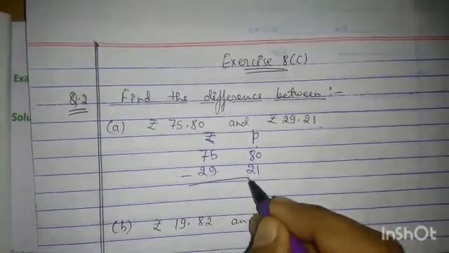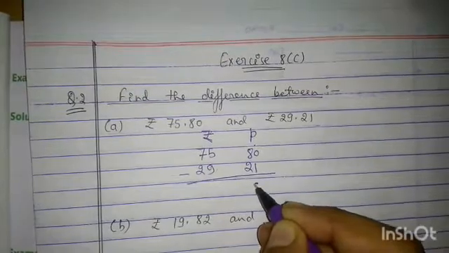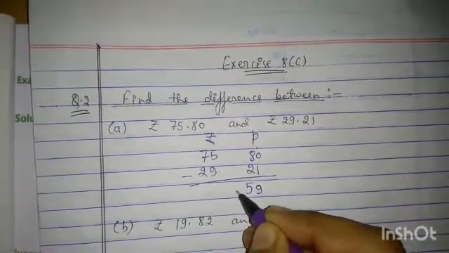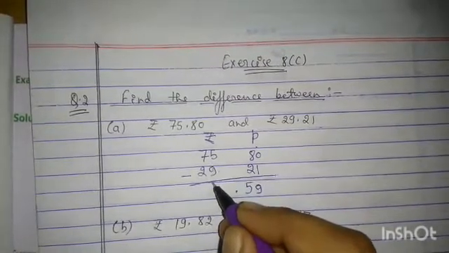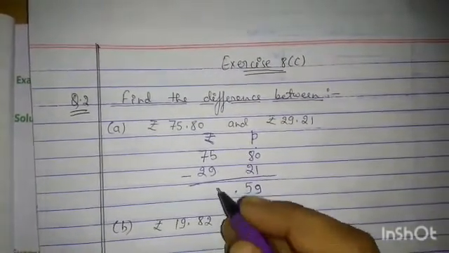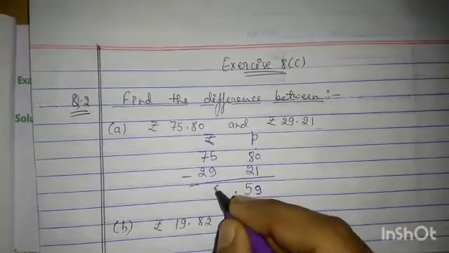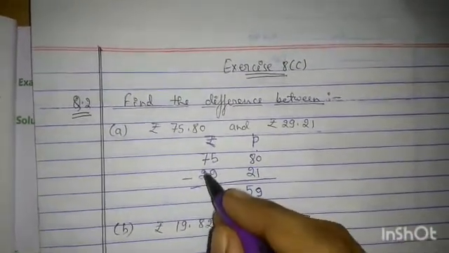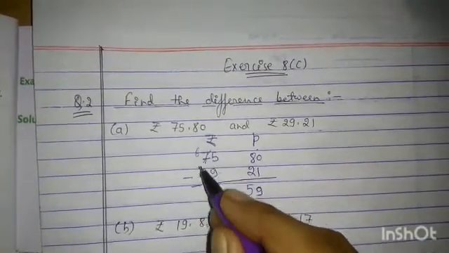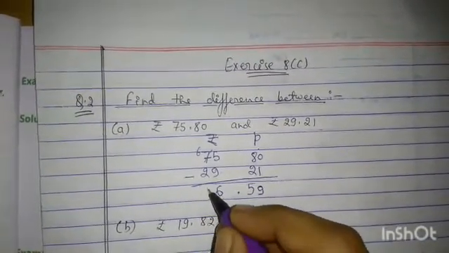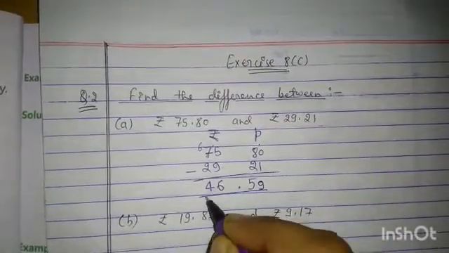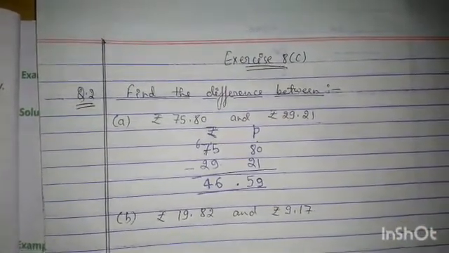Subtract it. 10 minus 1, 9. 7 minus 2, 5. Here it's 5, so 15 minus 9, 6. 7 minus 2 makes 6, so 6 minus 2, it's 4. So 46 rupees and 59 paise.